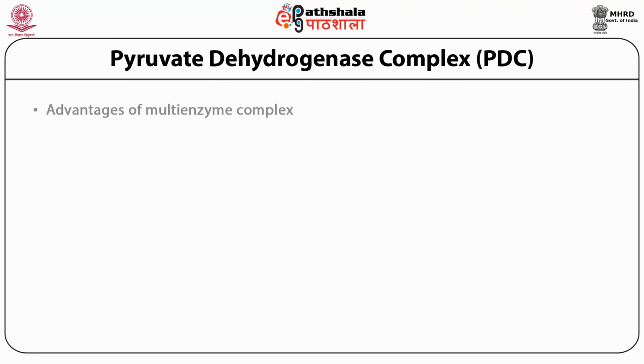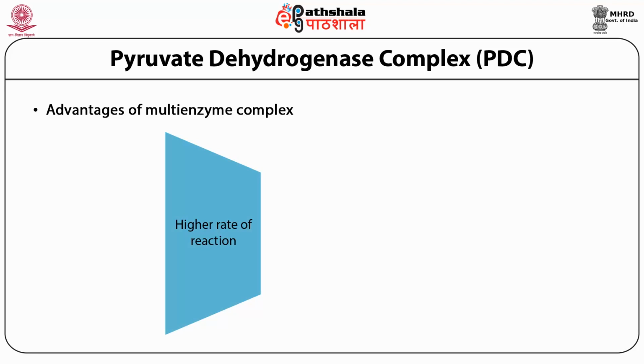There are obvious advantages of a multi-enzyme complex. These advantages are a higher rate of reaction, because the product of one enzyme acts as a substrate of the other and is available for the active site of the next enzyme without much diffusion. The second advantage is minimum side reactions, and third is coordinated control.